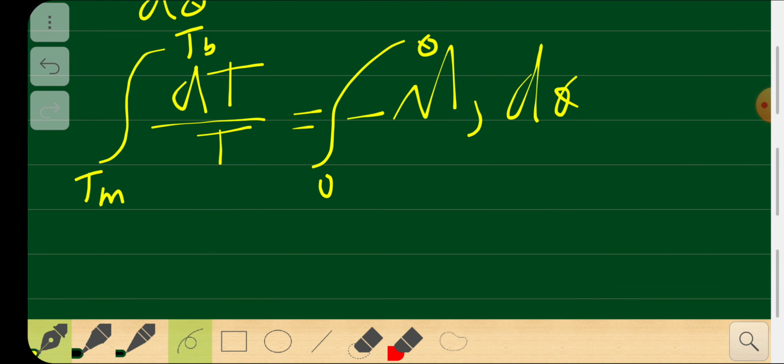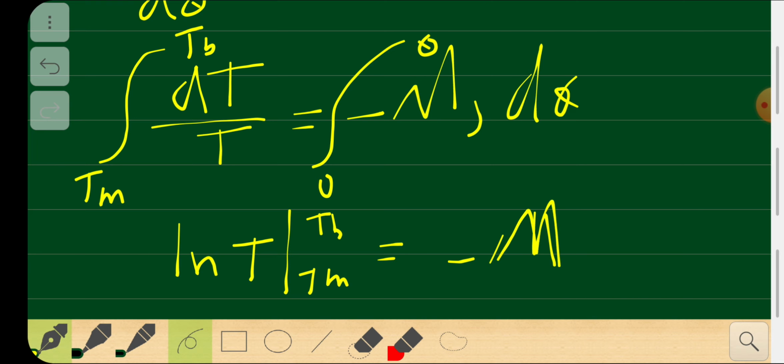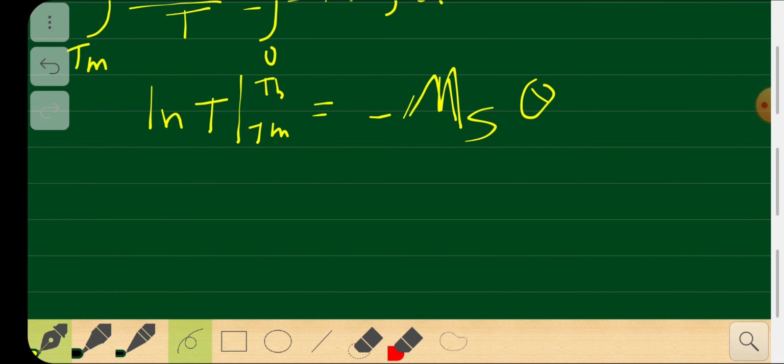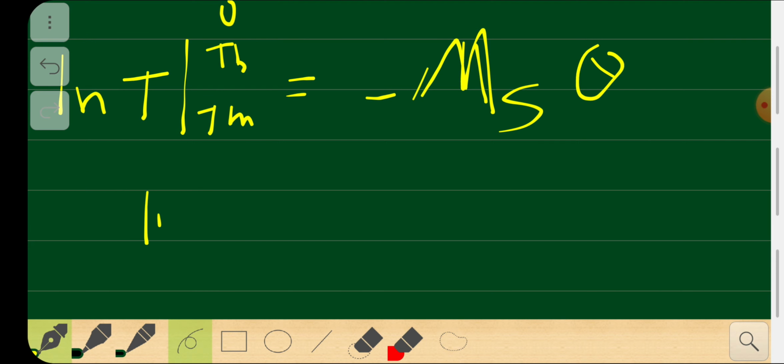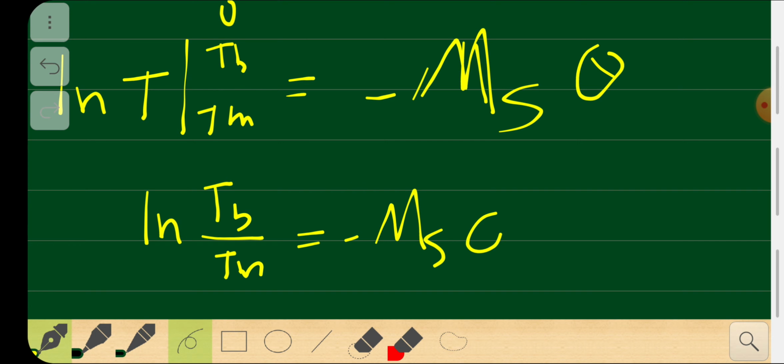So you now got log T within the limits Tm to Tb must be equal to minus mu s times theta, right? Okay, you got that. So now you can write down log Tb minus log Tm, which is log of Tb by Tm, will be equal to minus mu s times theta.